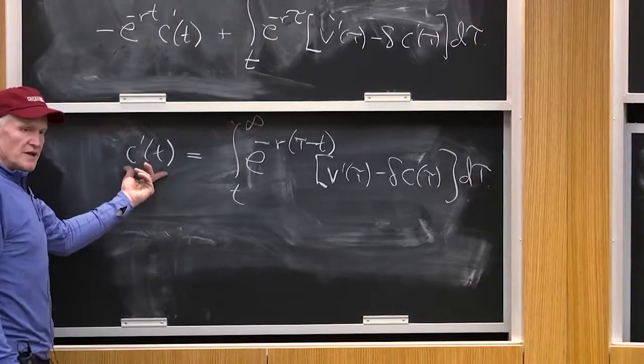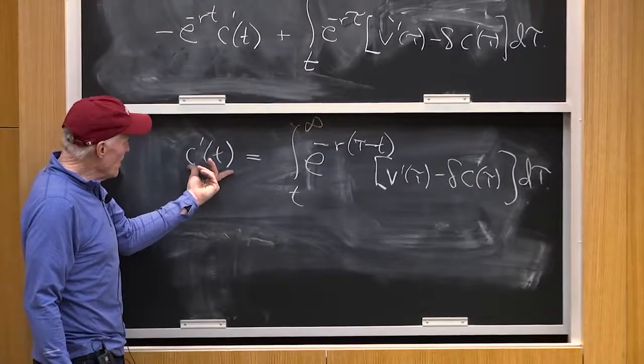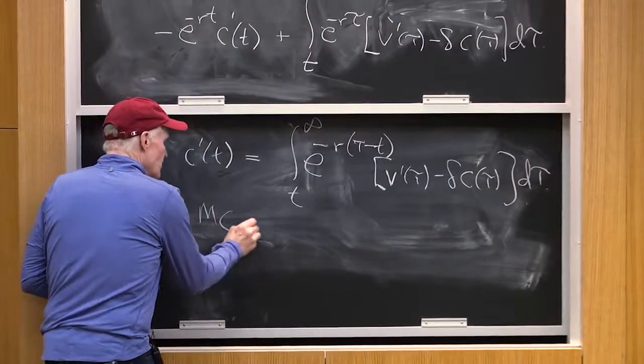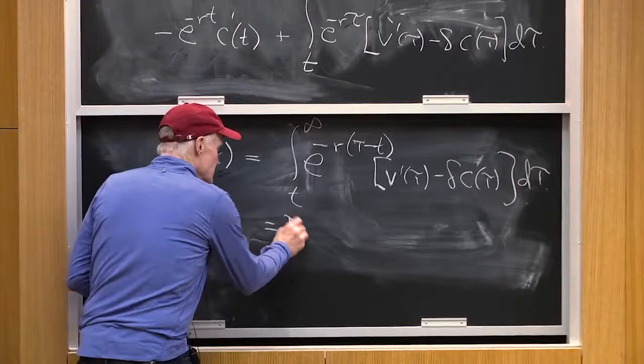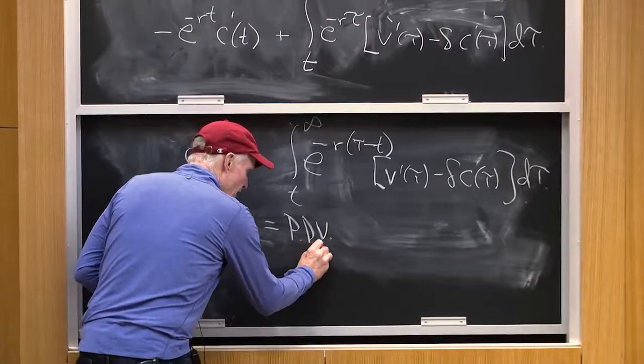This, of course, is my marginal cost. So the marginal cost of producing a unit of capital equals a present discounted value at R.